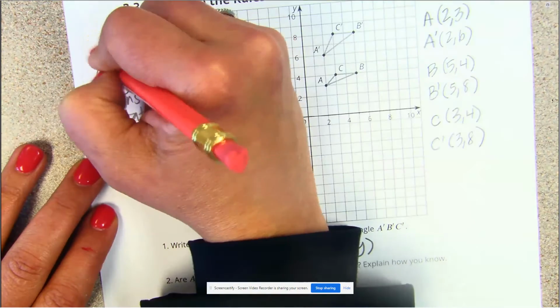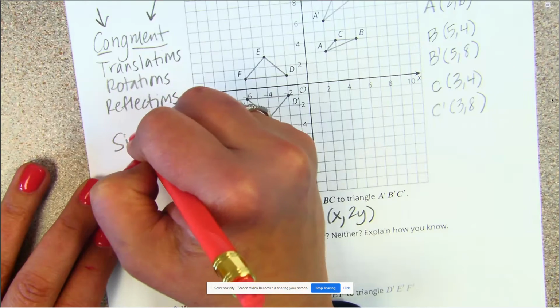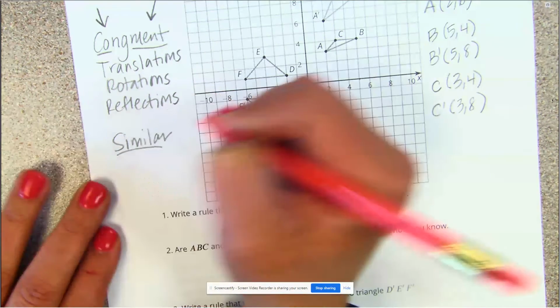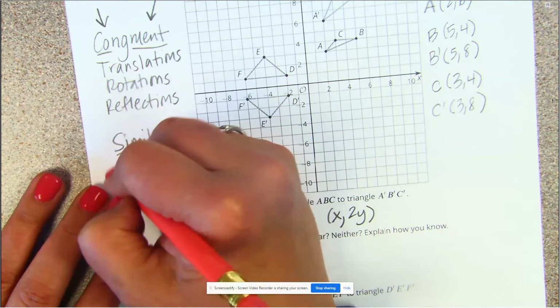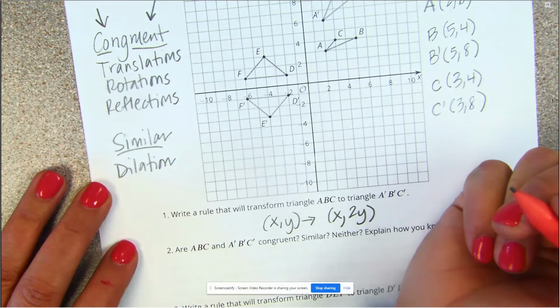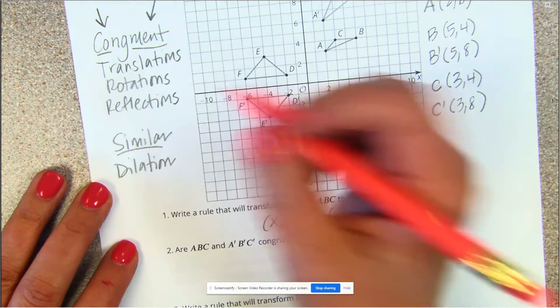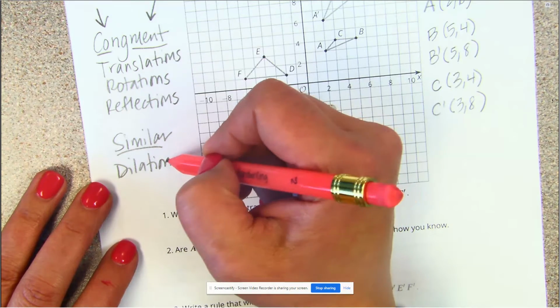That's how you get congruent shapes. To get similar shapes, a dilation. A dilation blows up both the x and the y, or it divides it, and that's a dilation. And if it's not one of these or one of these, well, then it's neither.